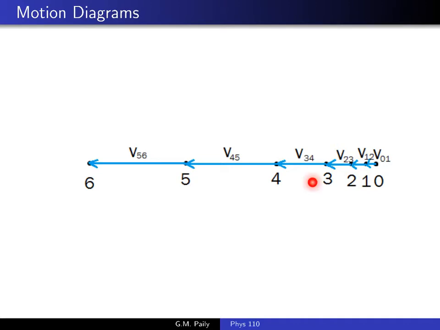Again, to go from v34 to v45, we need to add a small acceleration pointing to the left. But v45 and v56 are about the same length, and so the acceleration should be close to 0. Indeed, that is what we see.